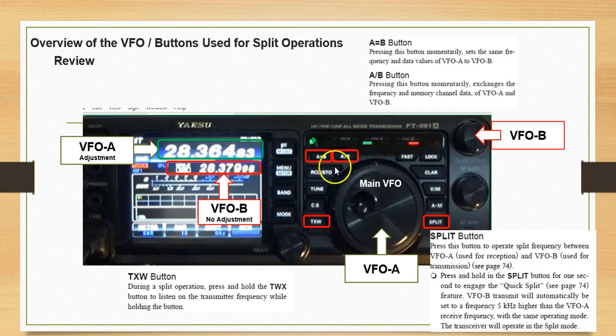There are some other buttons we're going to be using: the A=B button, the A/B, the transmit reverse, and then split operations. Each one of these gives you a quick overview of what these buttons do.